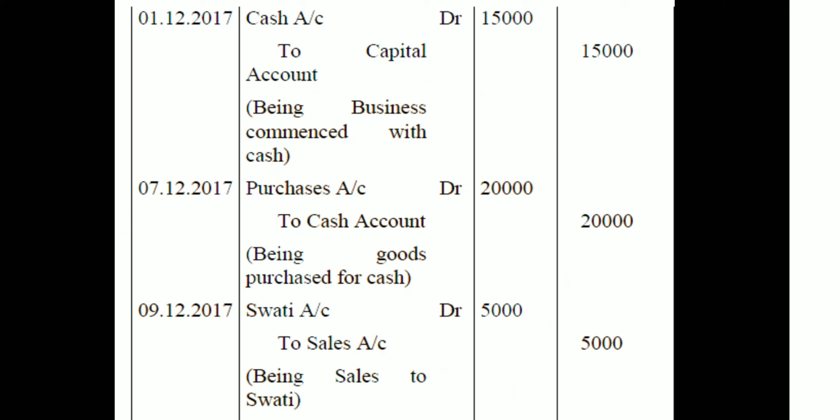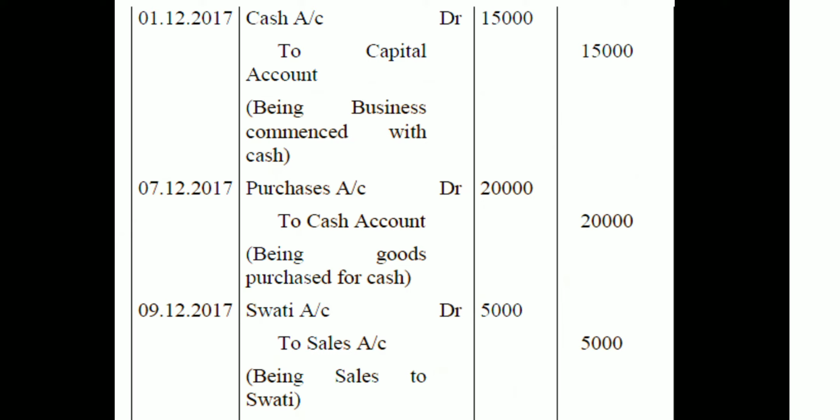So what comes in the business will be debited. Cash account debit. What comes, comes into the debit. This is the rule. Cash account debit to capital. This is the first entry of journal.